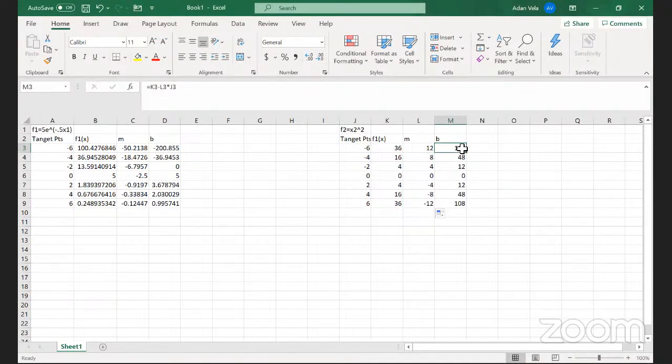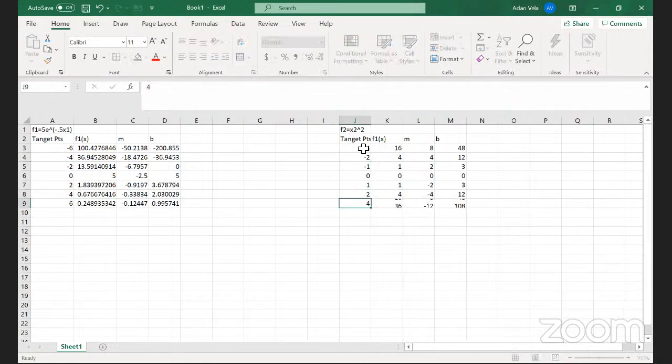And finally, our b equation actually stays the same because it references back the calculated value of the function at the tangent point and the slope. So we actually don't even need to change anything here. What we do need to change is we did select a different set of tangent point locations.